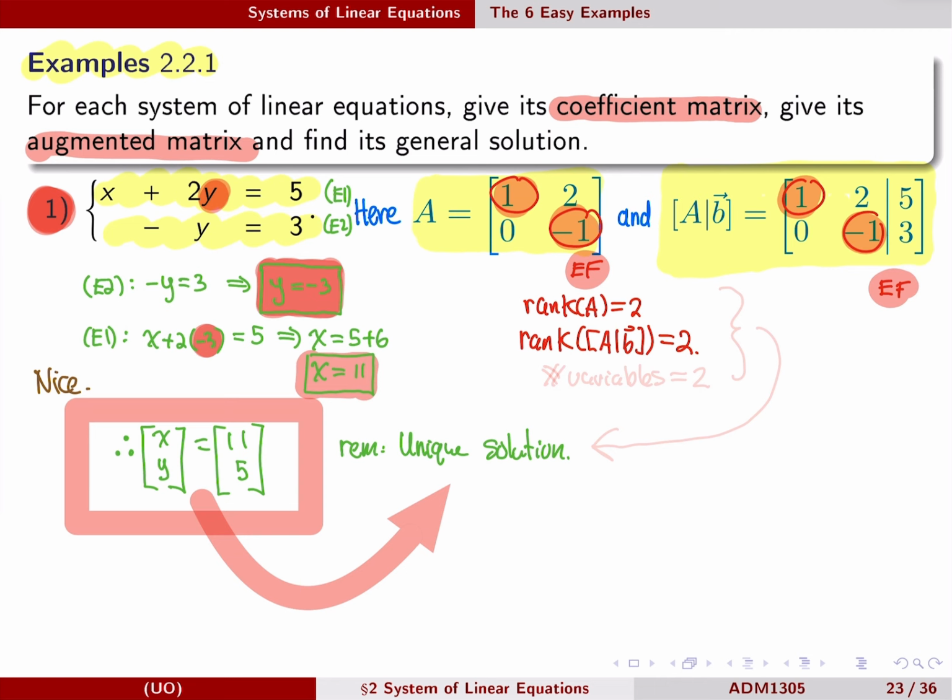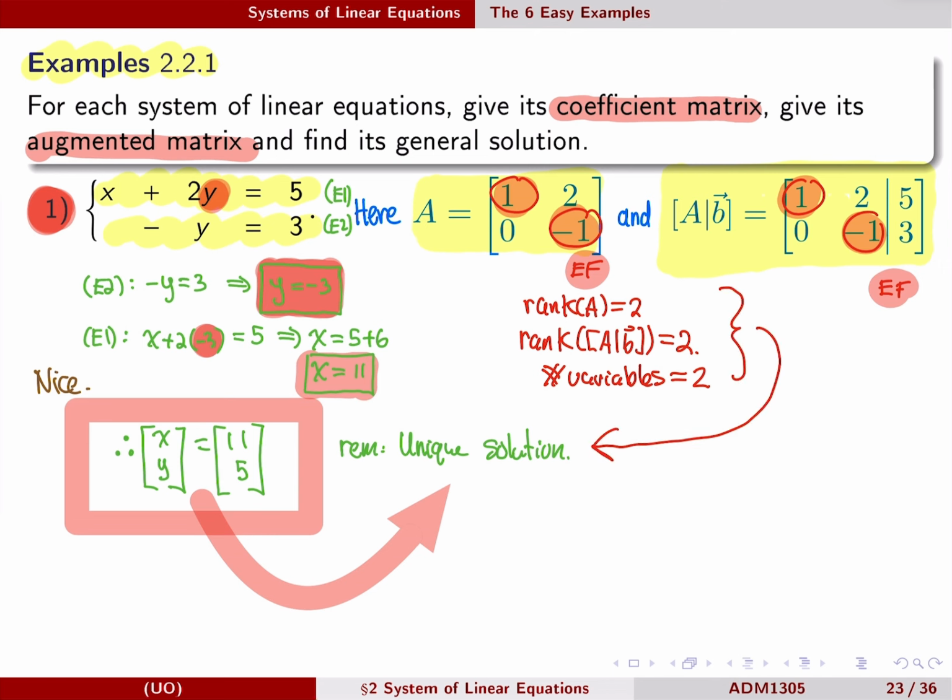This is not a coincidence. When those two ranks are equal, you will have a solution for a system. In particular, when the two ranks are equal to the number of variables, and how many variables do we have? It's x and y, so it's 2. When everything is equal, this is when you get a unique solution.